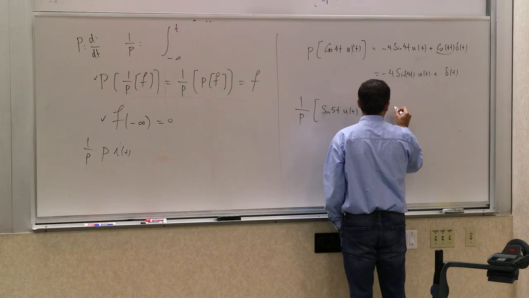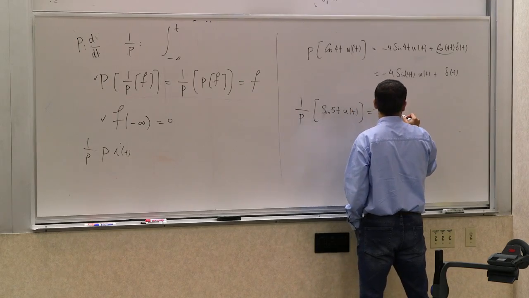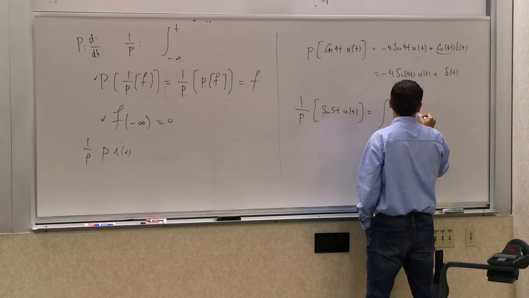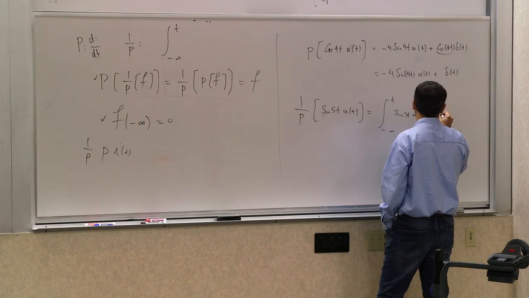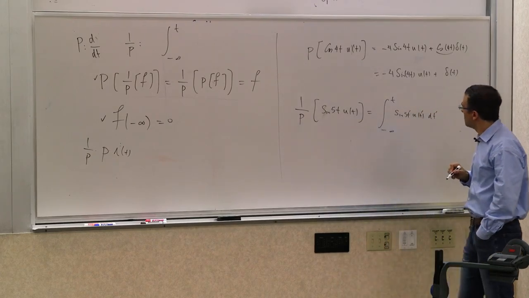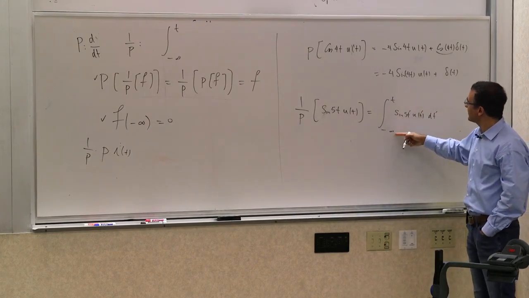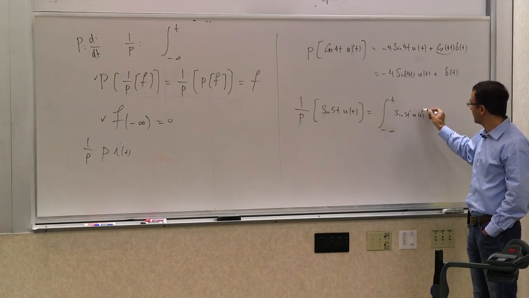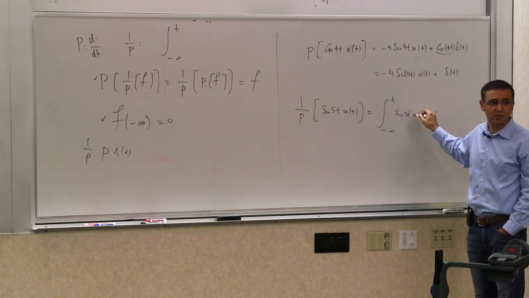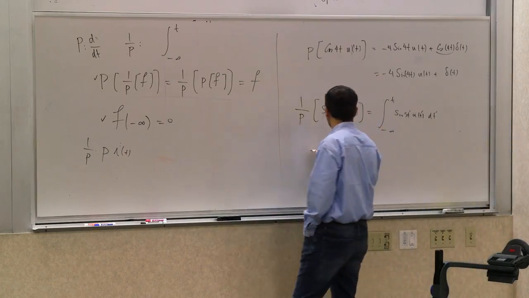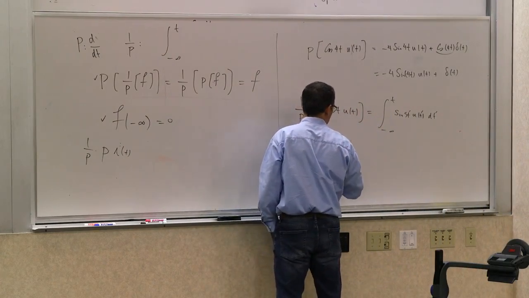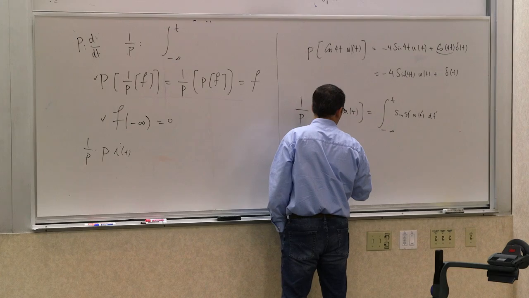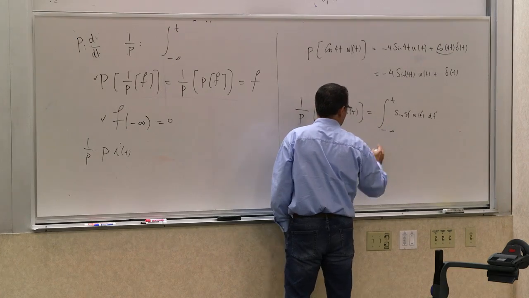From negative infinity to t of sine of 5t u of t dt. But do I care about this from negative infinity to 0? Why? Because this is 0 for negative times. So what it really is equal to is the integral from 0 to t of sine of 5t prime.